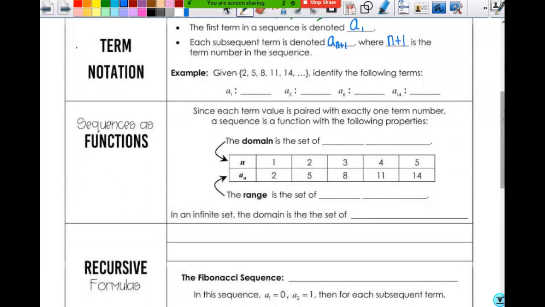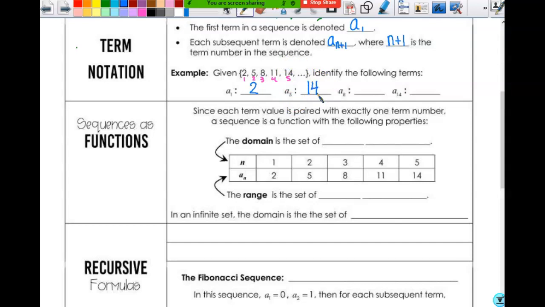So if we look at this example here, a sub 1, that's the first term, that's going to be 2. Right, so if we number the terms, this is 1, 2, 3, 4, 5. So that 1, 2, 3, 4, 5, those are our n numbers. So a sub 5 is going to be 14.